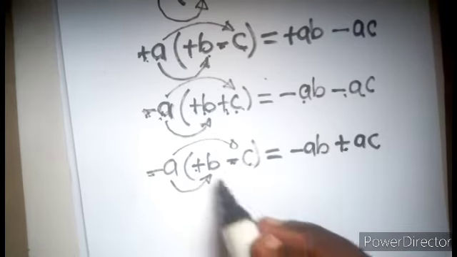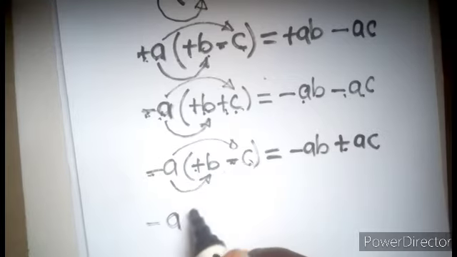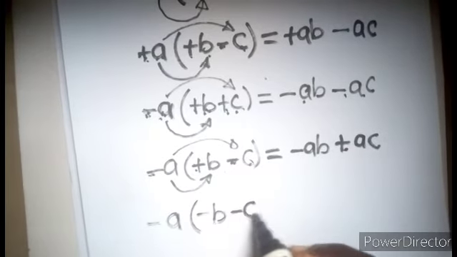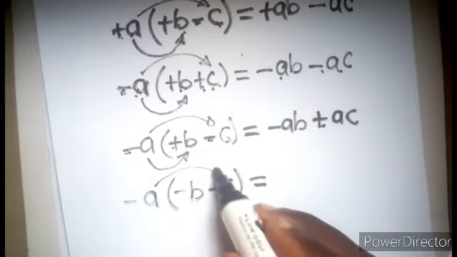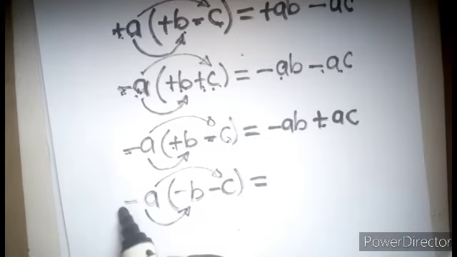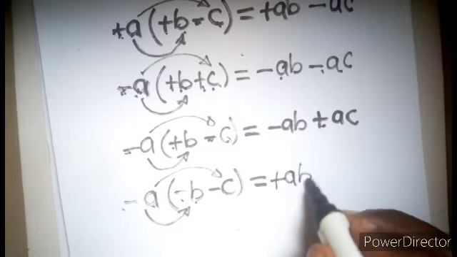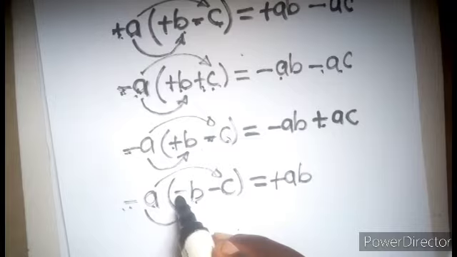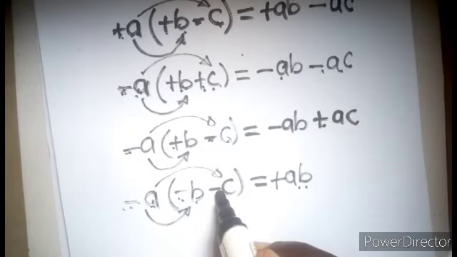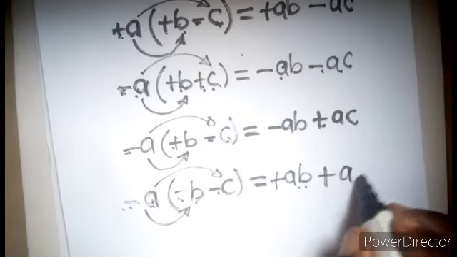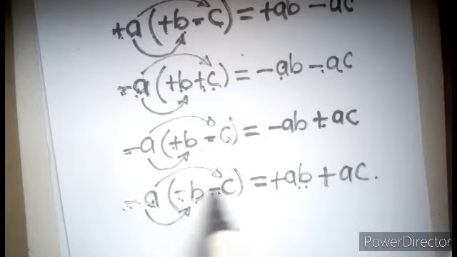Okay, what if everything within is negative? Like we have negative a into negative b, negative c. Now, of course, we do the usual multiplication. Negative a times negative b is what? Positive ab, because negative times negative is positive. So a times b, what? ab. Negative a times negative c is positive what? ac. Why? Because negative times negative is positive and a times c is ac.